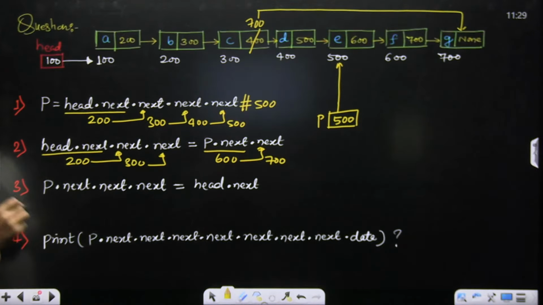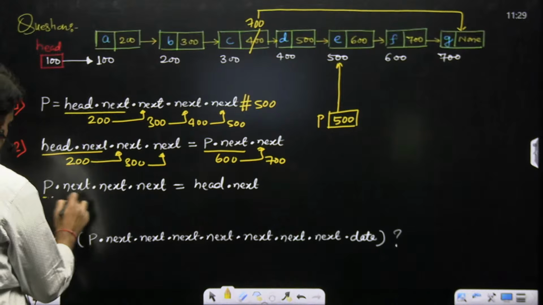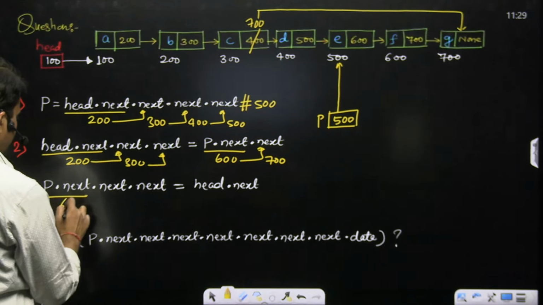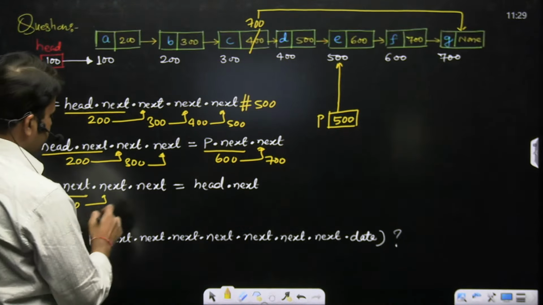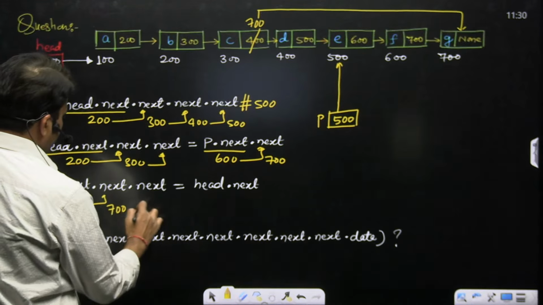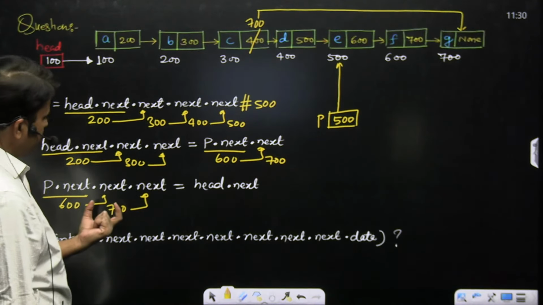What about line number 3? In line number 3, P is 500, P dot next is 600, and 600 next is 700.